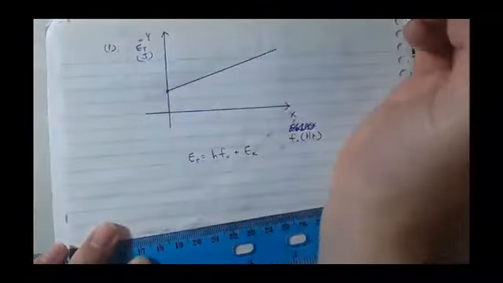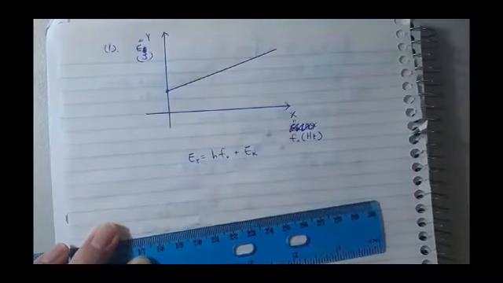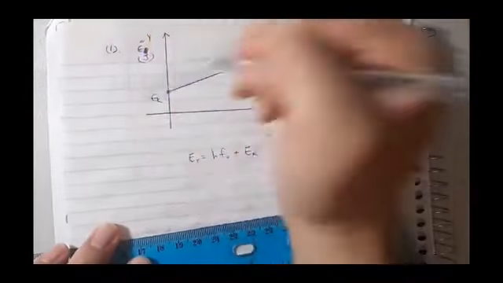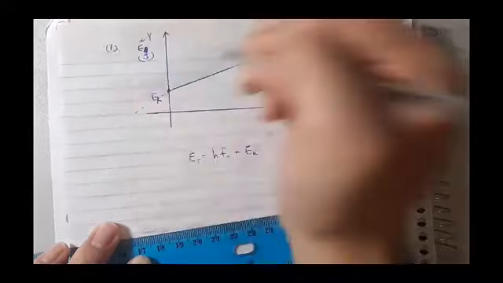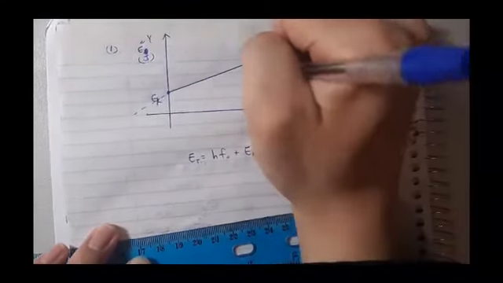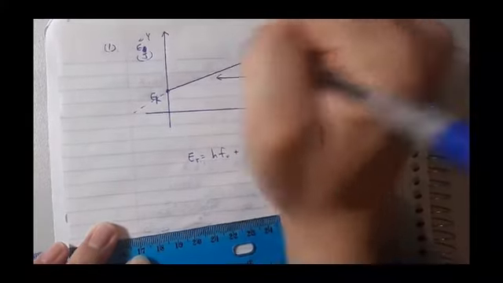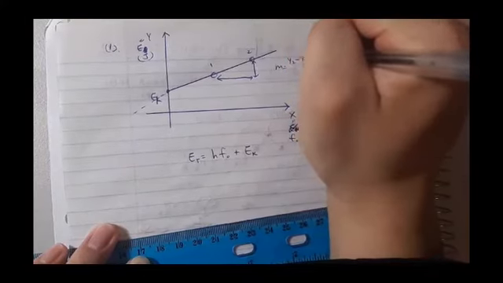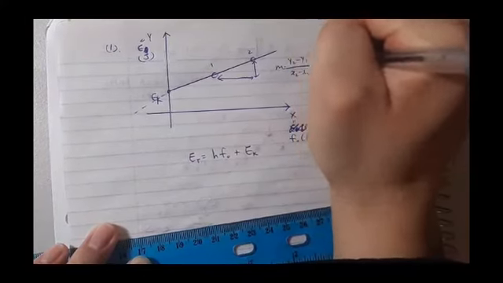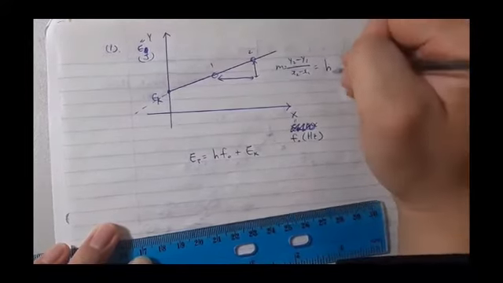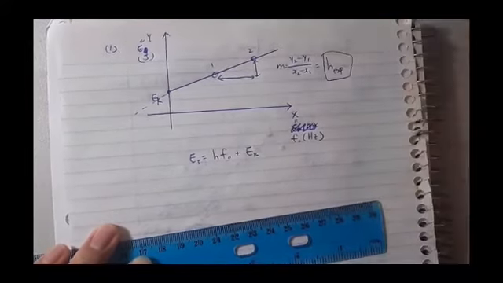So it should look like this. My y, energy as a joule. Then my y-intercept will be my EK, and then we will have a continuing line. And when it comes to slope, my rise over run between my first point and second point, if you do y2 minus y1 over x2 minus x1, you will notice that this will give me my h value, which is the experimental h value.